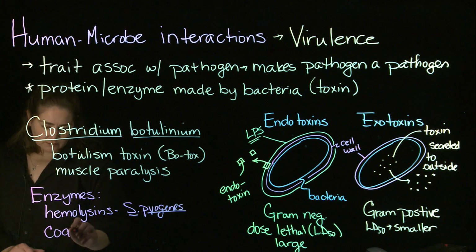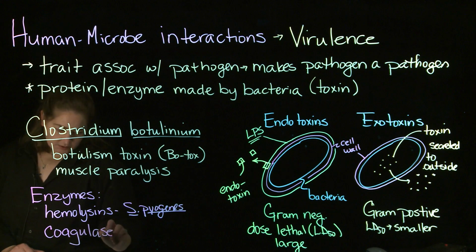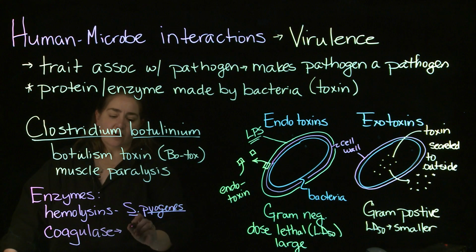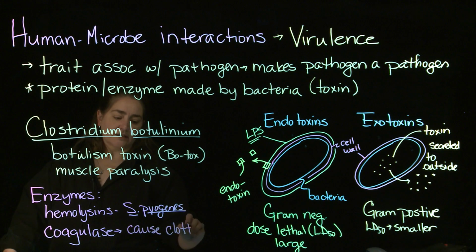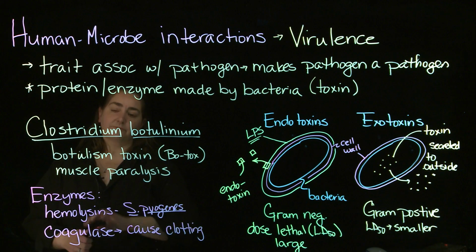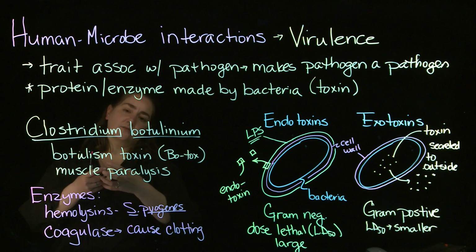Another common virulence factor is coagulase. Coagulase causes essentially activation of the clotting cascade. And what it does is those bacteria that release coagulase cause essentially a clot to form around the outside of the bacteria.